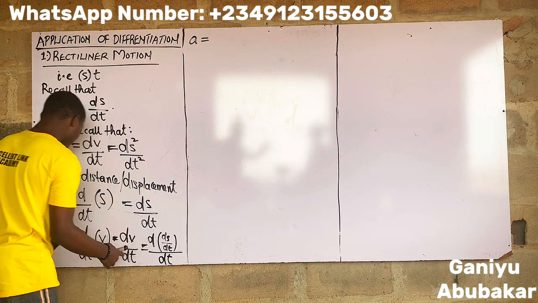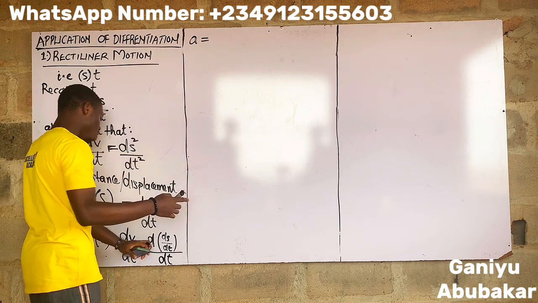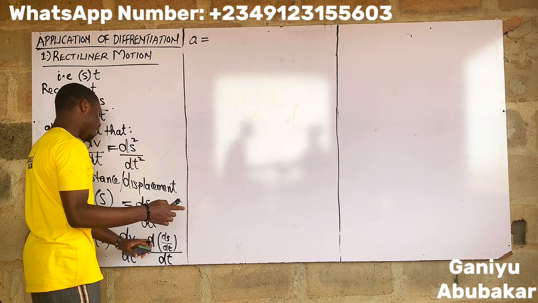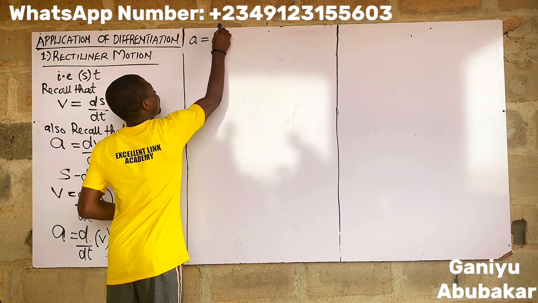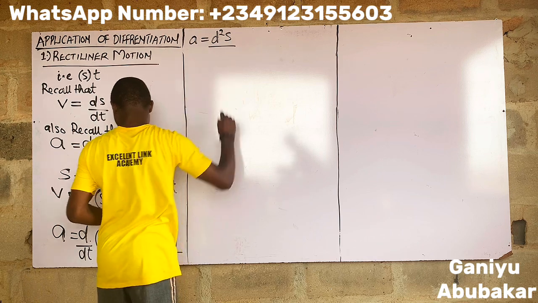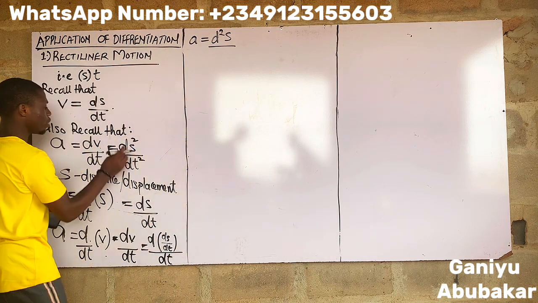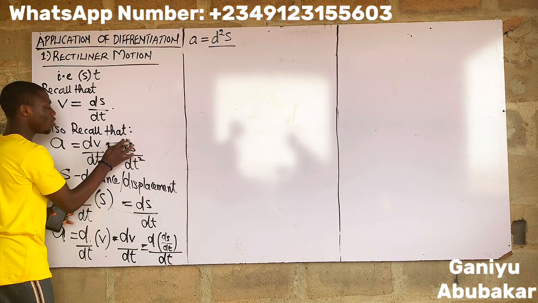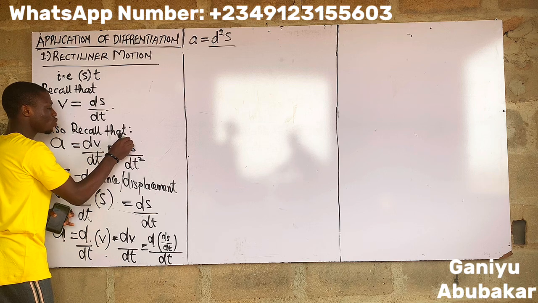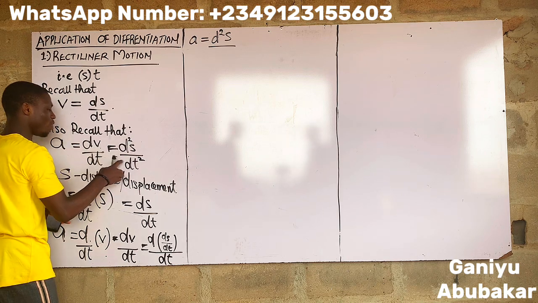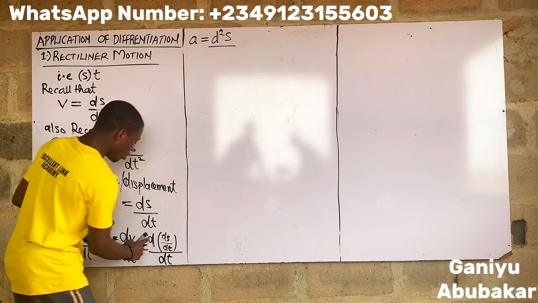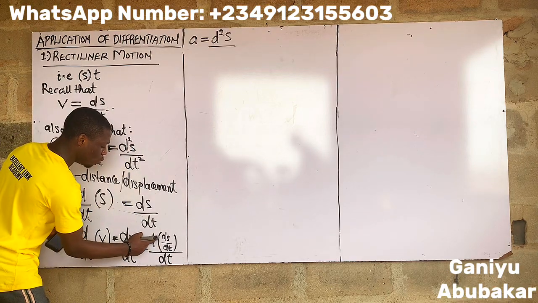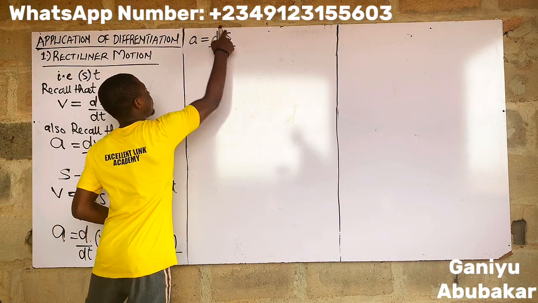From here, acceleration a is equal to d times dx, that becomes d squared x, all over dt squared. Observe that I multiply d with dx, and I have d squared x.